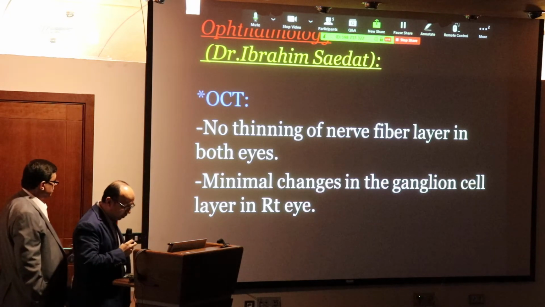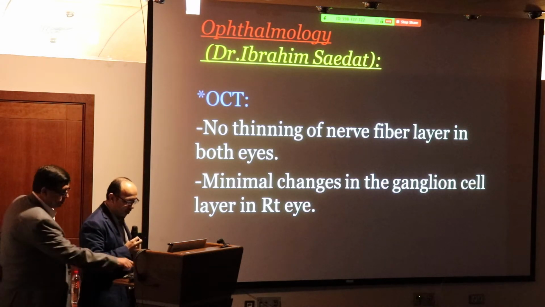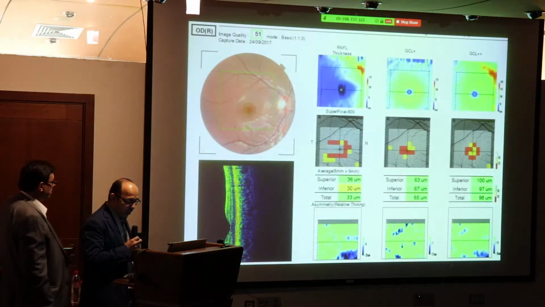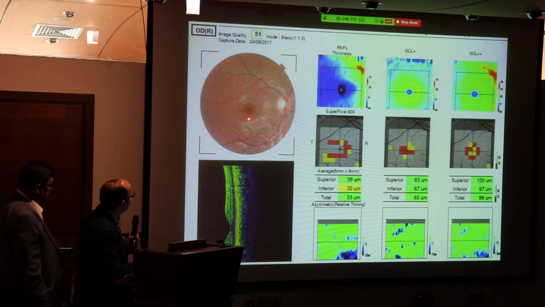In the optical coherence tomography, there was nothing of the nerve fiber layer in both eyes, with minimal changes in the ganglion cell layer. And this is the OCT. We evaluate many areas in the retina.